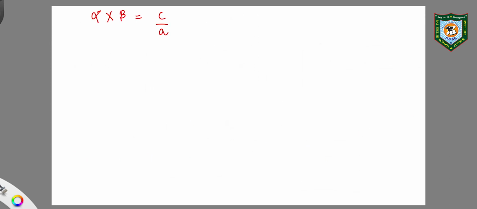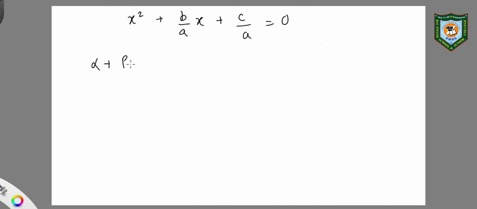So coming to our final solution, I have x square plus b by a x plus c by a is equal to 0. Now alpha plus beta is equal to minus b by a, and alpha beta is equal to c by a.